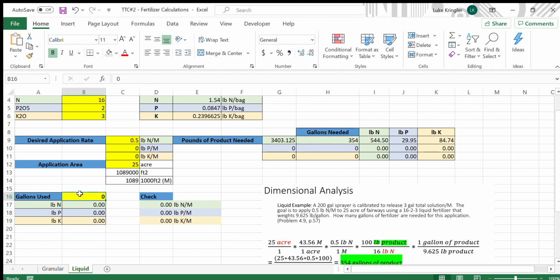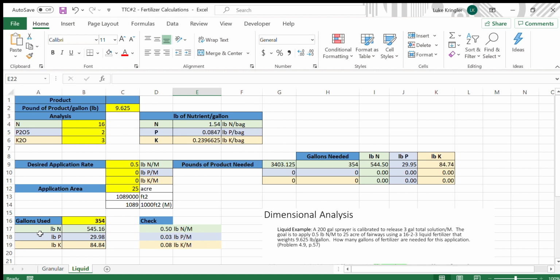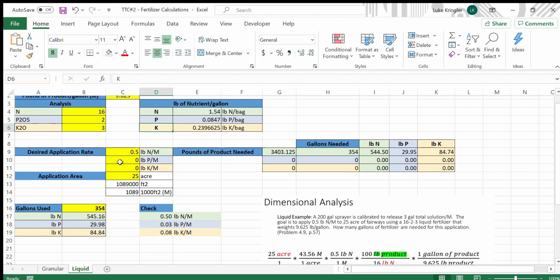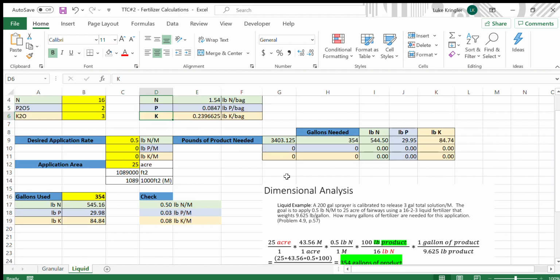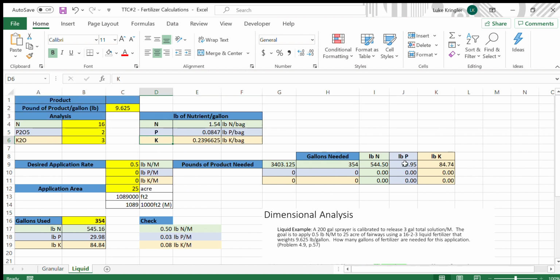And again, we have a check here, 354 gallons. We'll apply our half pound of nitrogen, and if the calculator is set up right, you'll automatically be given your rate of phosphorus, potassium, and also the total weight of phosphorus and potassium and nitrogen applied in the application.